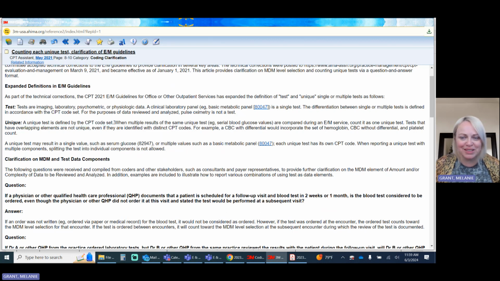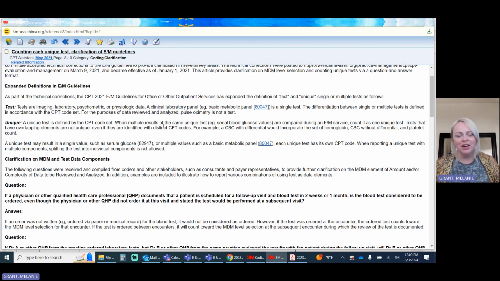Something important to keep in mind, however, in the world of laboratory and pathology, and for those of you taking this class with me, we've covered this, so you're familiar at this point: there are things called panels, and those panels have anywhere from a couple to several unique lab tests built into the particular panel that is done. This is no different with other services that have bundled conditions.